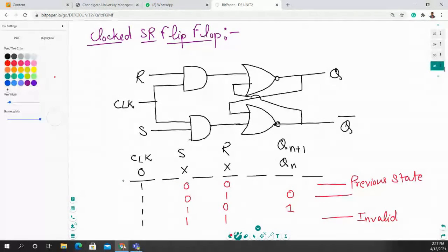So this 0 we can say is a reset state. Reset means we have to clear the output, and when you say 1, it is a set state. So we call these the set state and reset state. This is your Qn, and this one is your invalid state.